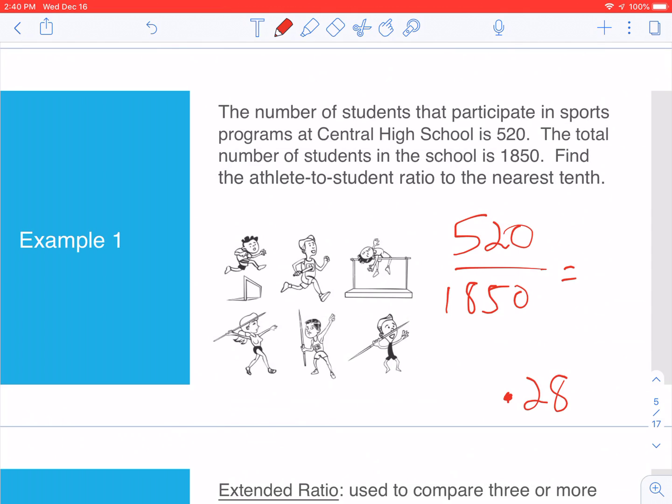What I like to do is divide by 520. 1850 divided by 520, and it's 1 for every 3.5 students is an athlete. Or the ratio could be in a decimal, 0.28. Nearest tenth, okay. Then it really should be 0.3.